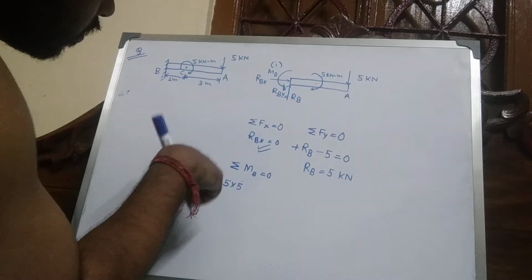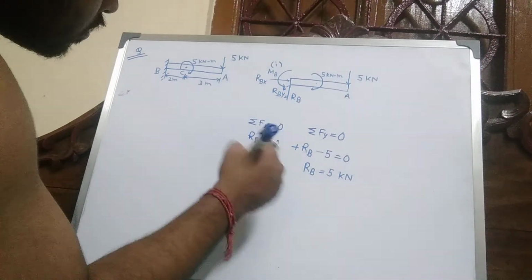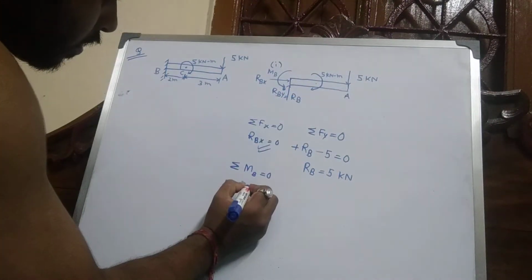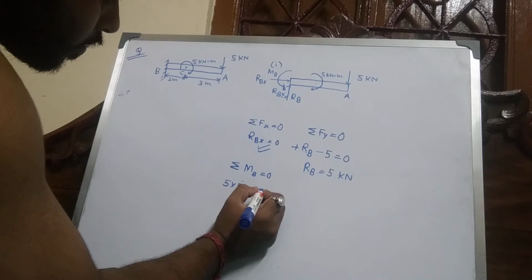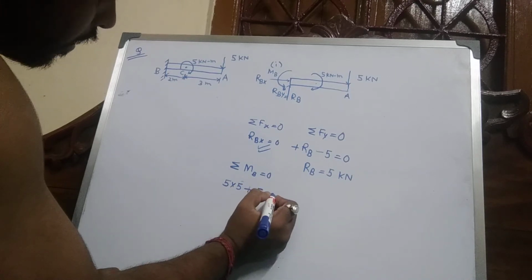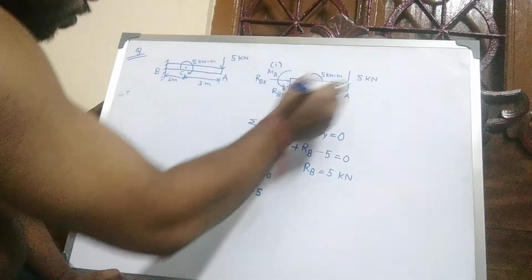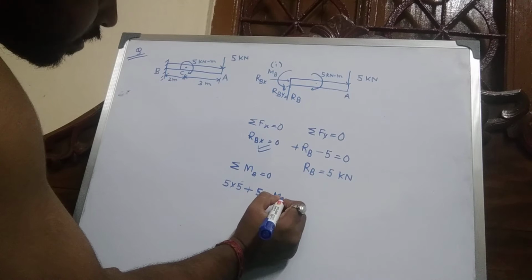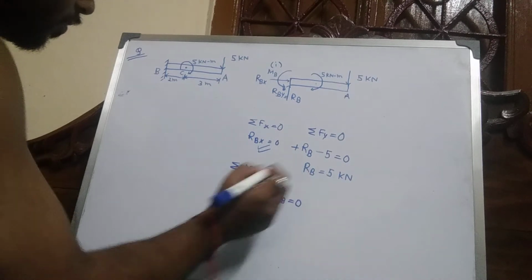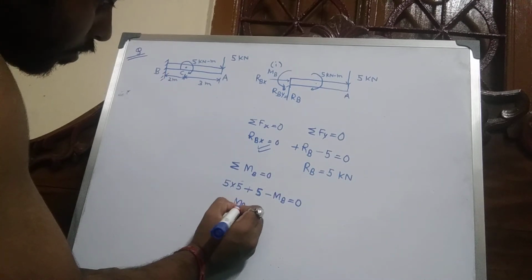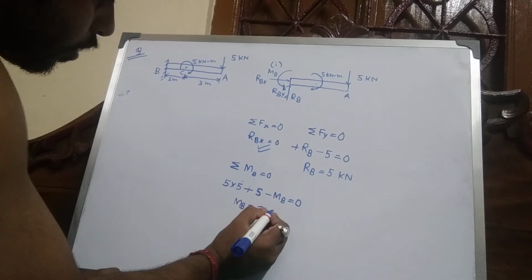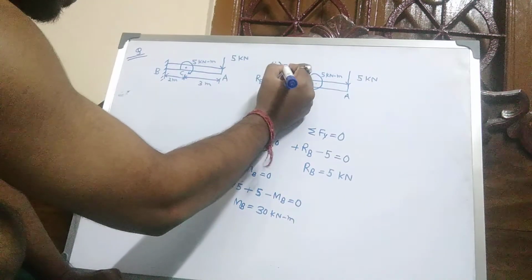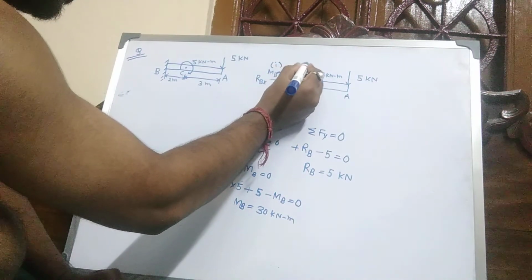Force into distance is moments, and this is clockwise sense, so positive 5 into 5, and this is counterclockwise, so minus MB equal to 0, so MB equal to 30 kilonewton meter.